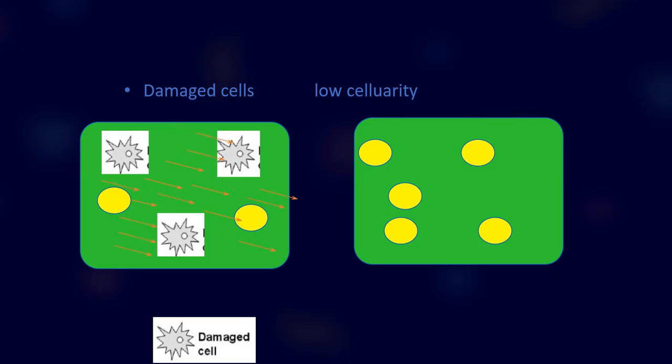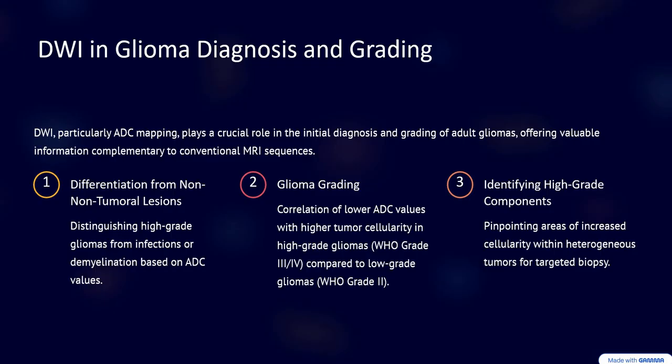So in these cases the diffusion will be facilitated. Diffusion weighted image, particularly ADC mapping, which is computerized quantitative mapping, plays a crucial role in the initial diagnosis and the grading of glioma.